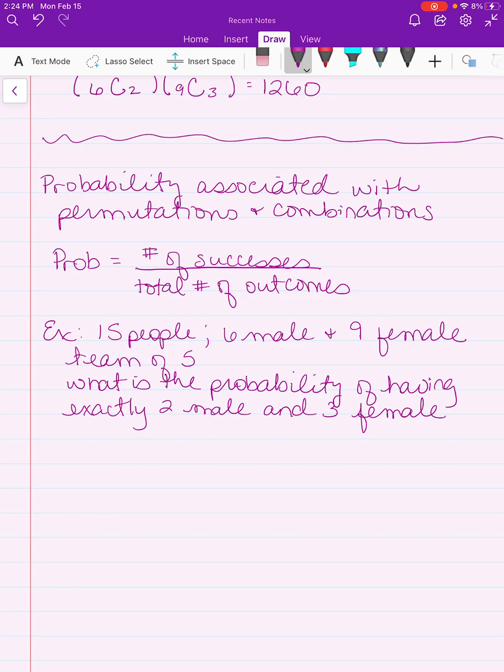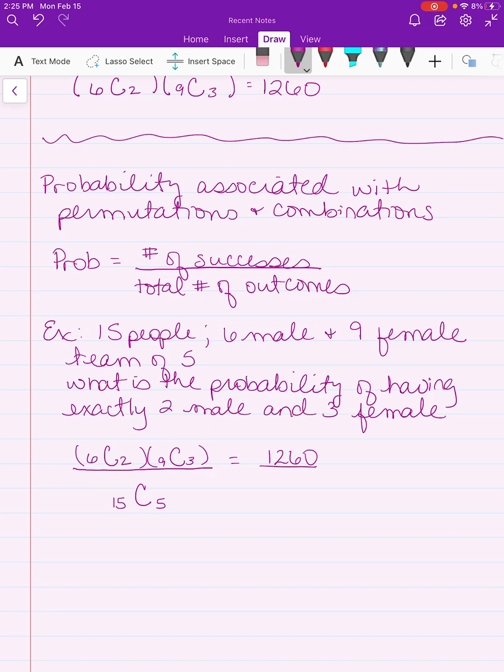Well, we already know there's 1,260 possible ways that you can have exactly 2 males and 3 females. And that came from 6 males, taken 2 at a time, and 9 females, taken 3 at a time. But then that's out of the total possibility of 15 people and selecting 5. So we already know that top number is 1,260.